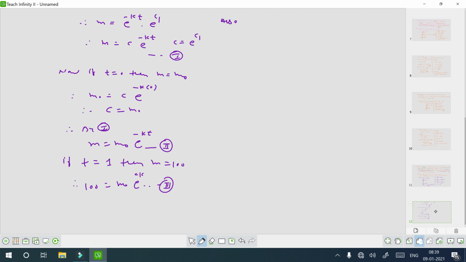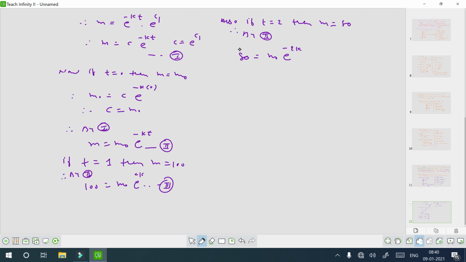Also, if t is equal to 2, then m is 80 gram. Therefore by 2, put this value in equation 2. M is 80 gram is equal to m0 e raised to minus 2k.